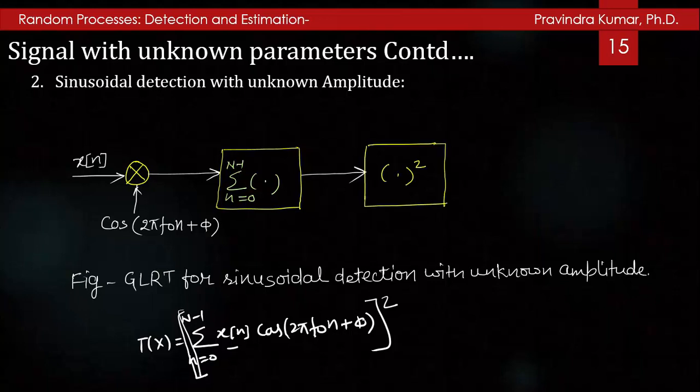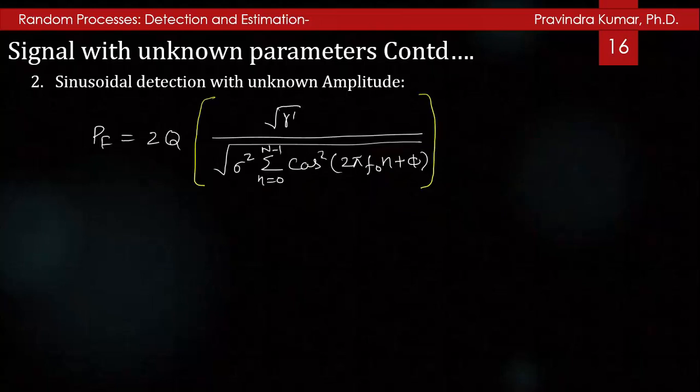Then we compare this test statistic with the threshold value gamma dash, and we decide whether H1 or H0 is true. And here this is the test statistic.